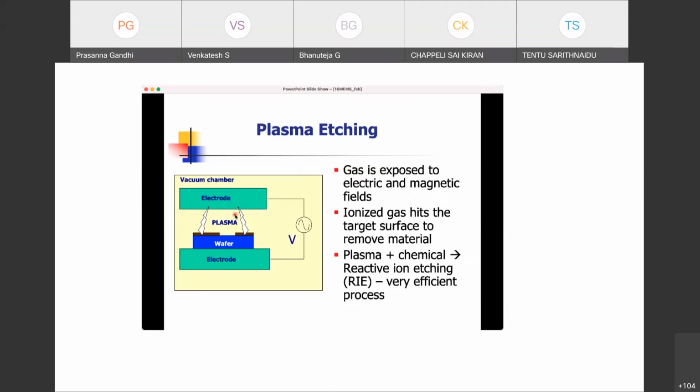So what is plasma? Plasma is a gas which is exposed to electric and magnetic fields which are switching at very high frequency. So this voltage is switching at very high frequency. Because of this high frequency, the electrons and ions in this gas start moving at that kind of speed from one electrode to the other electrode.